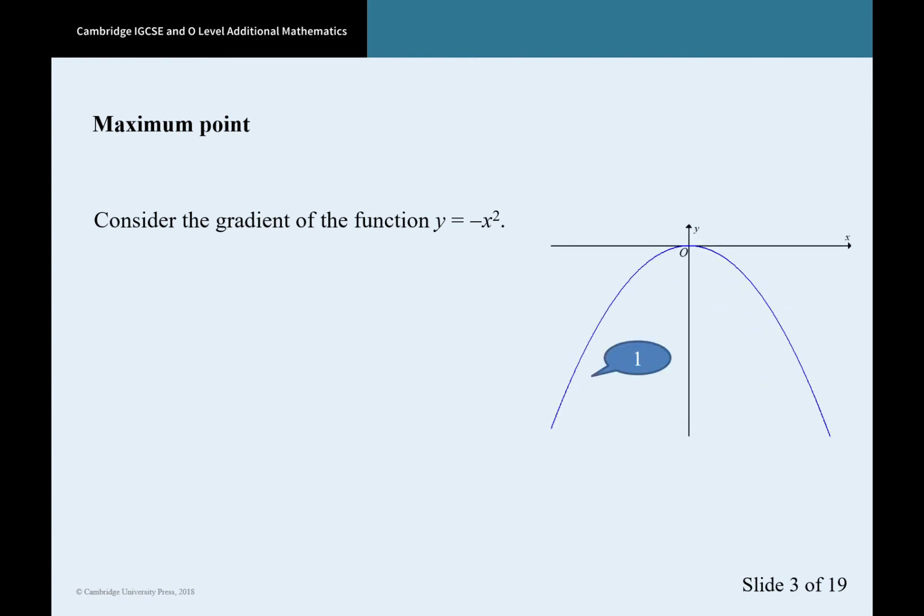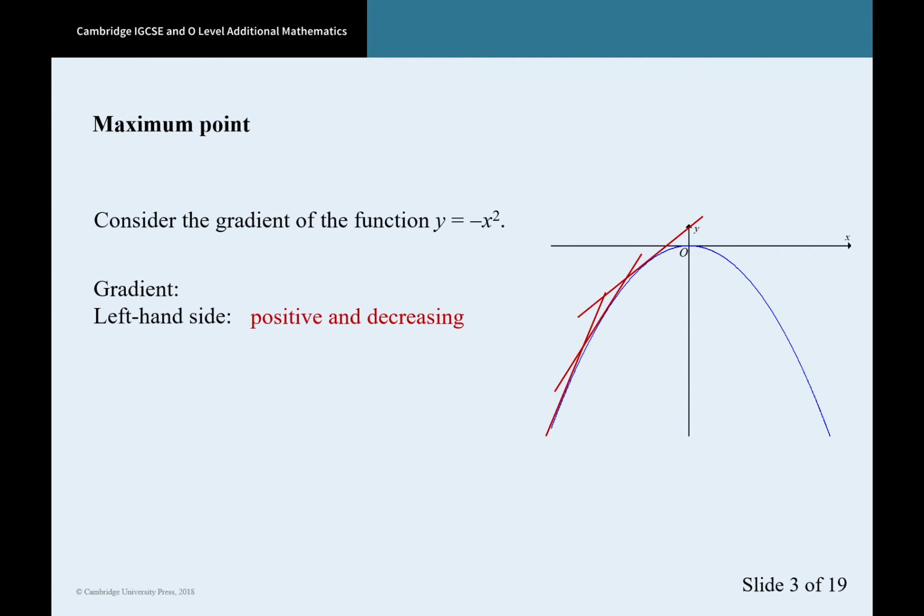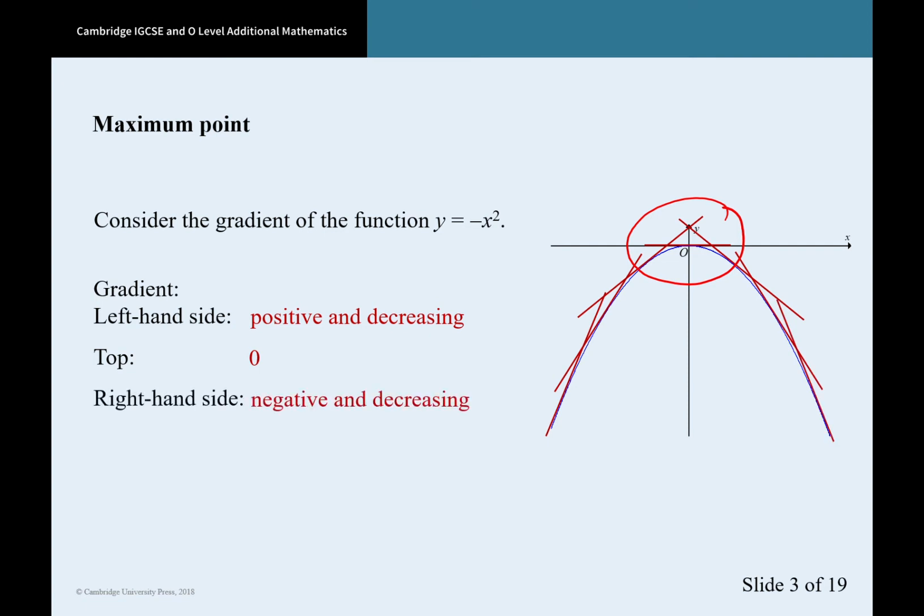Consider the function y equals negative x squared. So this one is how we determine the maximum point. Look at the red color of the graph. From the left hand side, we got positive and decreasing. And then on top, we got the gradient is 0. And for the right hand side, the gradient is negative and decreasing.